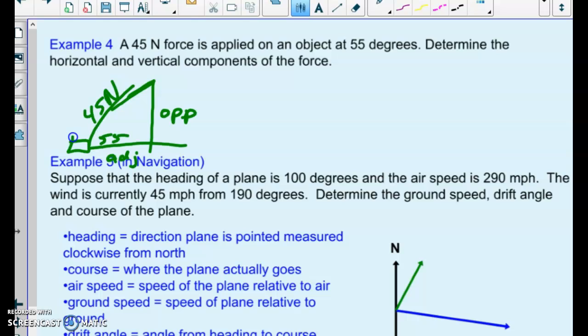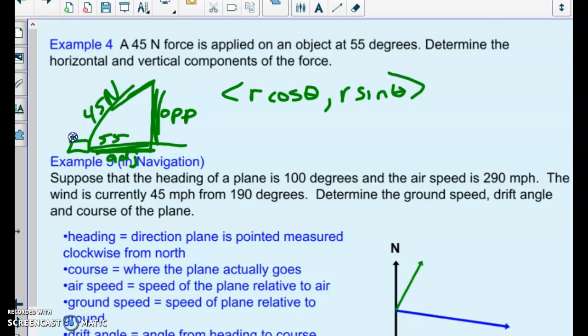And so my component form of this is going to be r times the cosine theta, which is the adjacent over hypotenuse, and r sine theta. One is the horizontal movement, that's the cosine with the adjacent, and the sine is the vertical. And so we're going to find those two values.